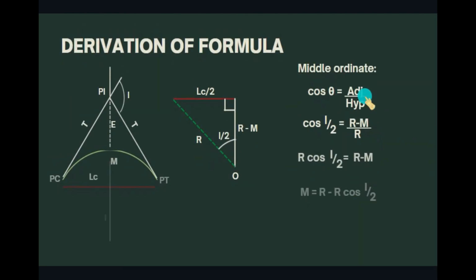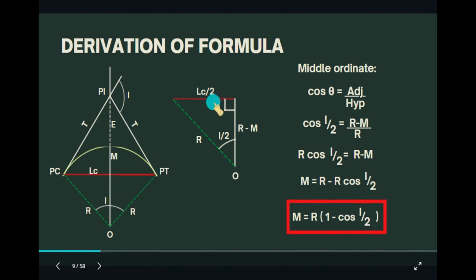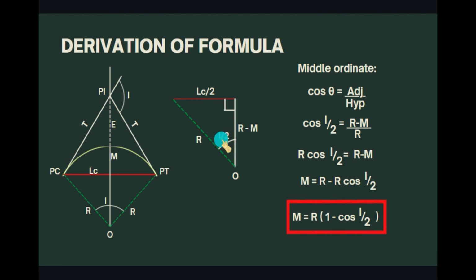Then we can compute for the next element, which is M, or the middle ordinate. We can extract this triangle in which this angle is 90 degrees, since it is always perpendicular to the chord of our simple curve. So the angle here is still I over 2.